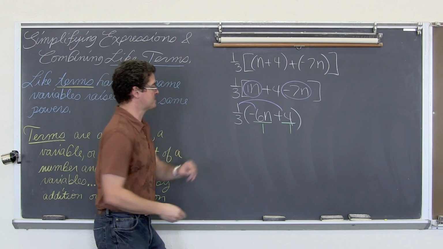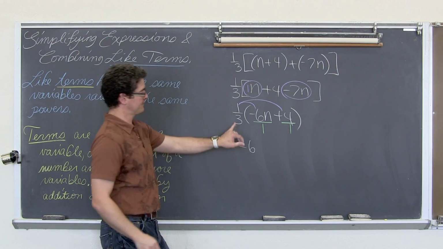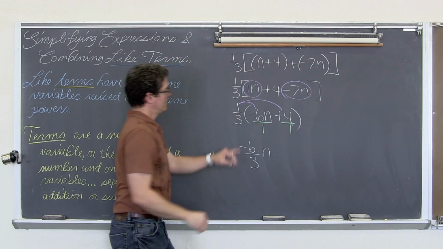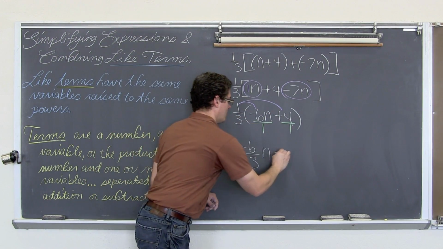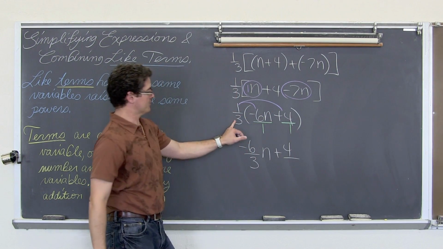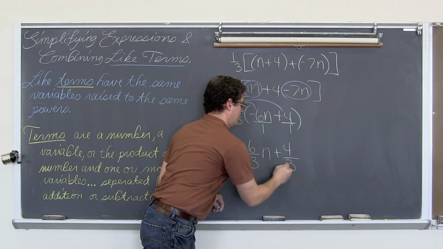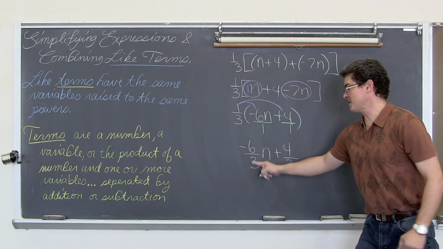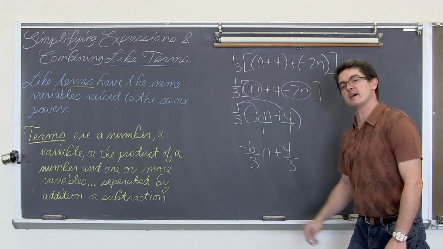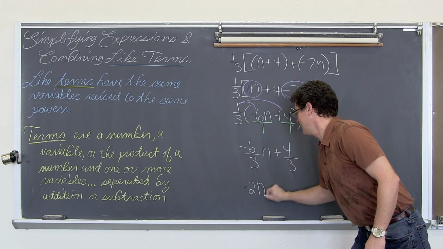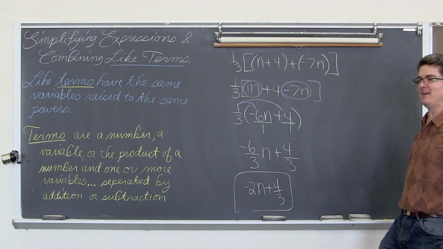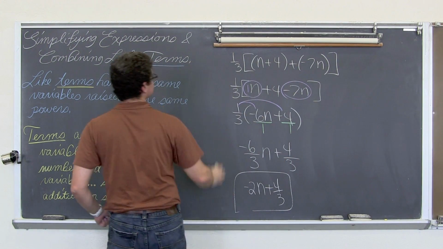So 1 and negative 6 is negative 6. 3 and 1 is 3n. 1 times 4 is 4. And 3 times 1 is equal to 3. And what do we have? We have negative 6 divided by 3, which is negative 2n, plus 4/3. Bam! That's it. Moving on.